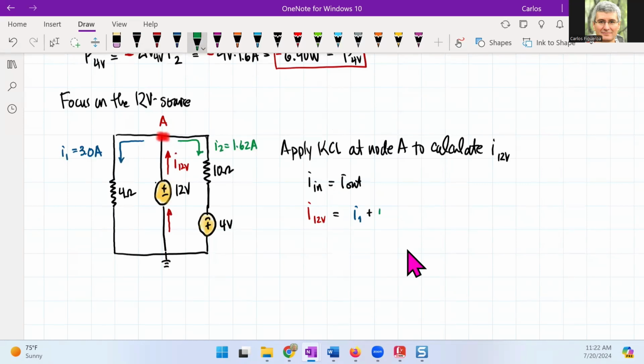The other one is going to be I2. So if I put this all together here, you can see here is that I1 is now a positive current, as well as I2. And so when I calculate this number, I'm going to get a current of 4.62 amps. And this is the current of the 12 volts source.